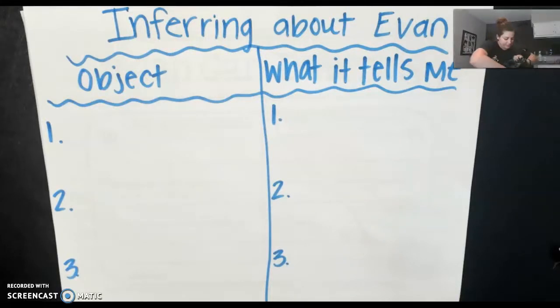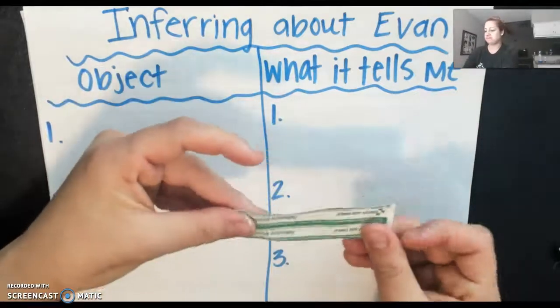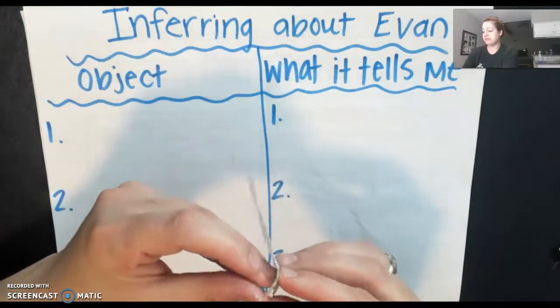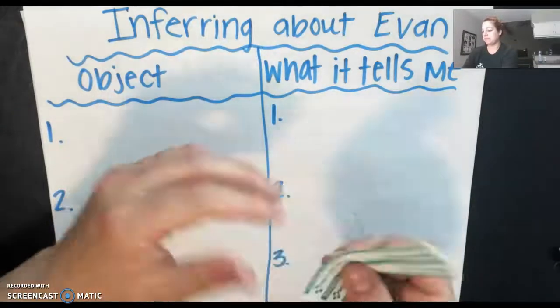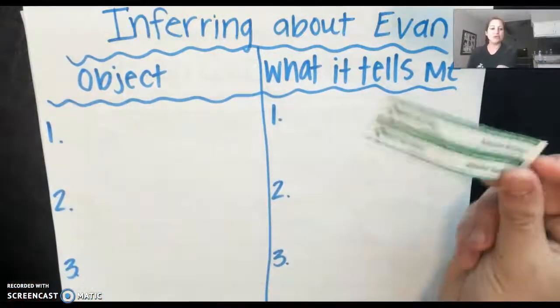So the first thing, let's see, he had in his trash can an old Band-Aid wrapper. No Band-Aid in it, so it was used for something. So here's my clue.